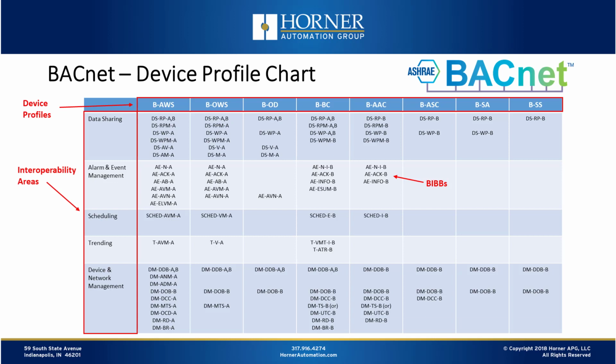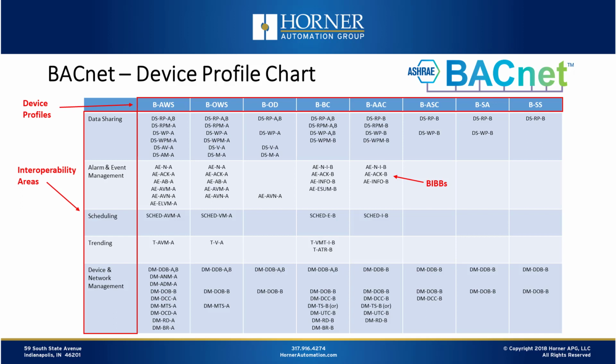Now, where all this comes together, and this is a little bit of a level of detail that you really don't have to know extremely well. These are just concepts to try and understand. This chart basically shows across the top in columns the 7 different device profiles, for the different types of devices or classifications of devices.